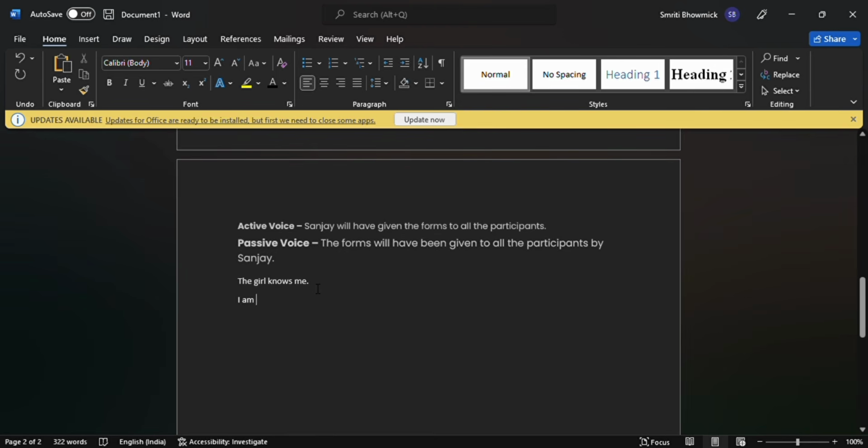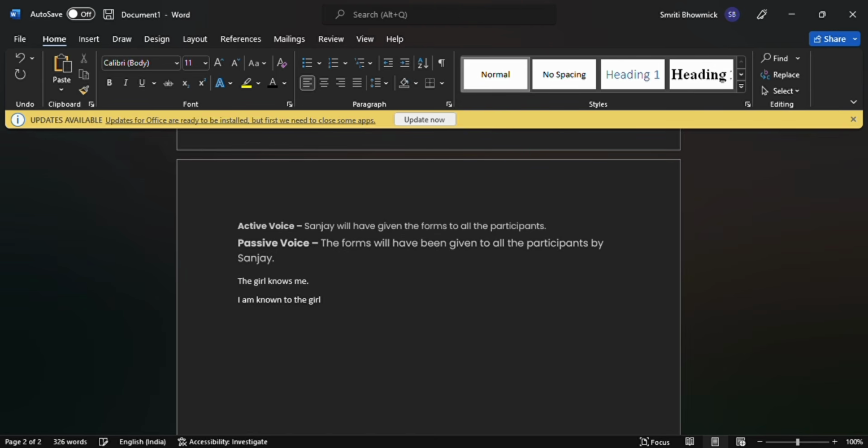The me will become I, and then we will use an auxiliary verb am, and here the main verb is know. So we will write the past participle form of know, that is known, K-N-O-W-N, and then we will use to instead of by.